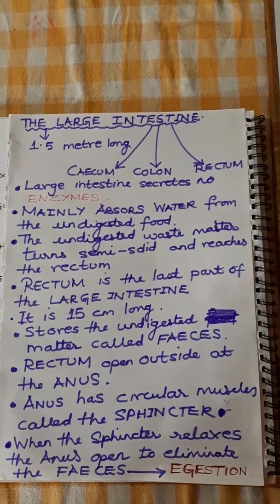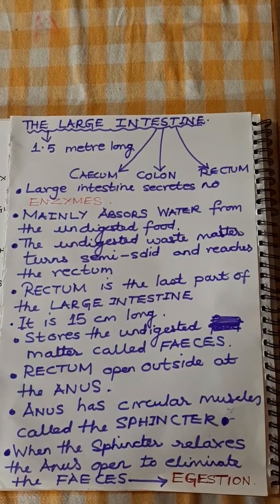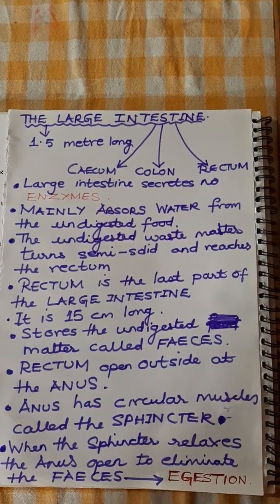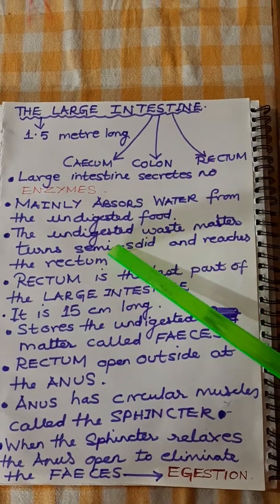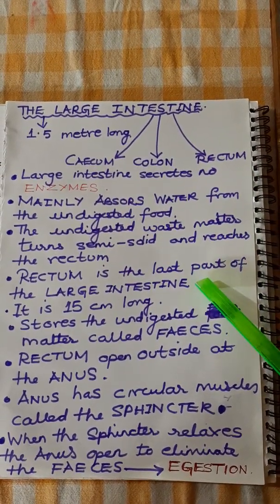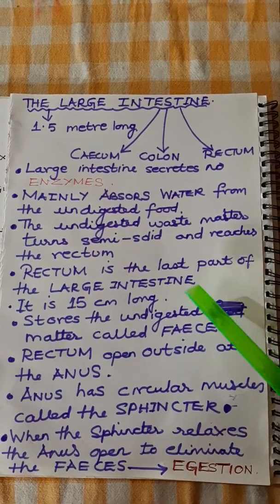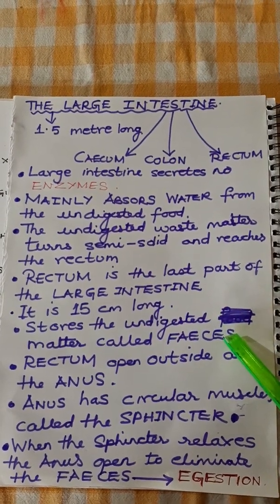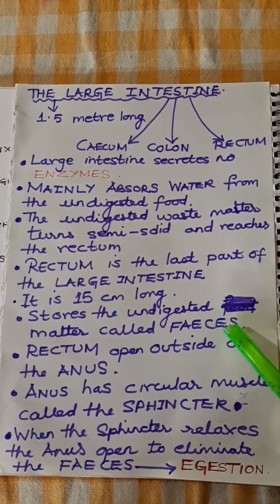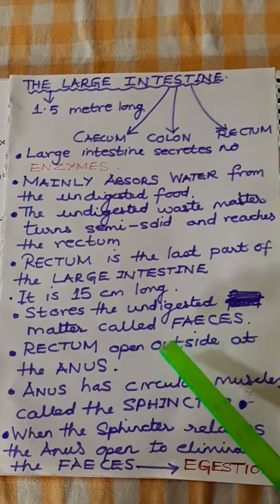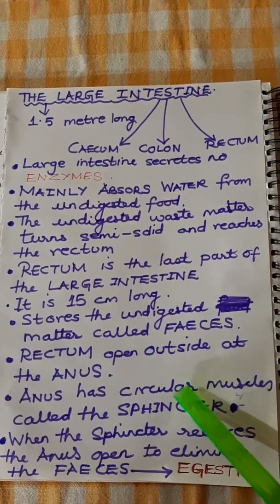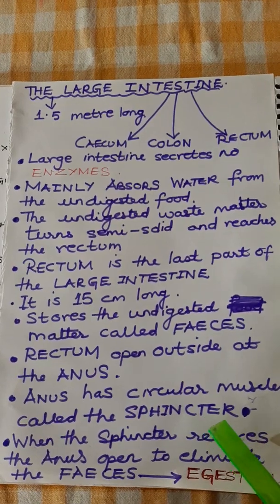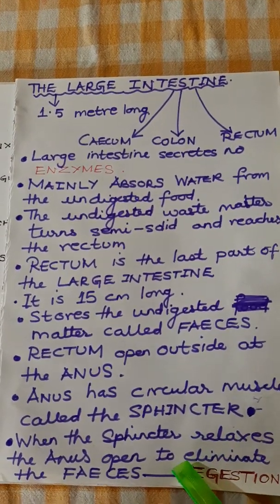It goes on absorbing the water and turns the undigested food into a semi-solid mass that reaches the rectum, the last part of the large intestine, 15 centimeters long. It stores the undigested food, which is called feces, and it opens out at the anus. The anus has circular muscles called sphincter muscles. When the sphincter muscles relax, the anus opens and eliminates the feces.